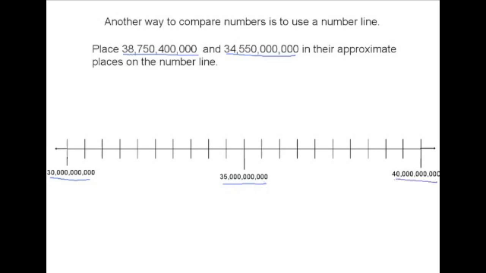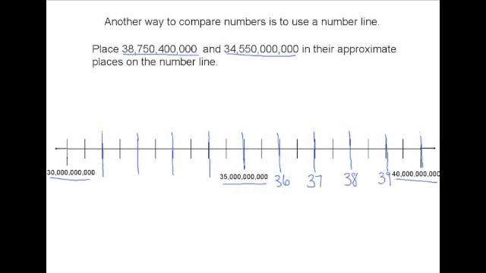So I'm going to realize that each two marks on my number line represent 1 billion. That means that this is 36 billion, 37 billion, 38 billion, 39 billion.